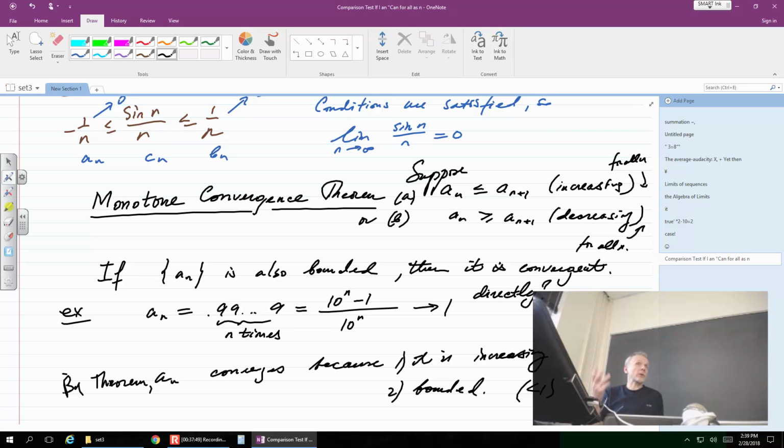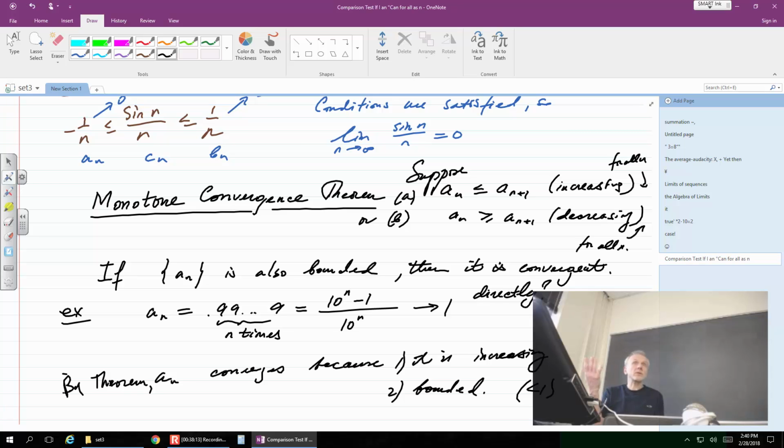Well, there was a trick in Calculus 1 for dealing with fractions like that. L'Hopital's rule, right? L'Hopital's rule is the easiest one to do with fractions.